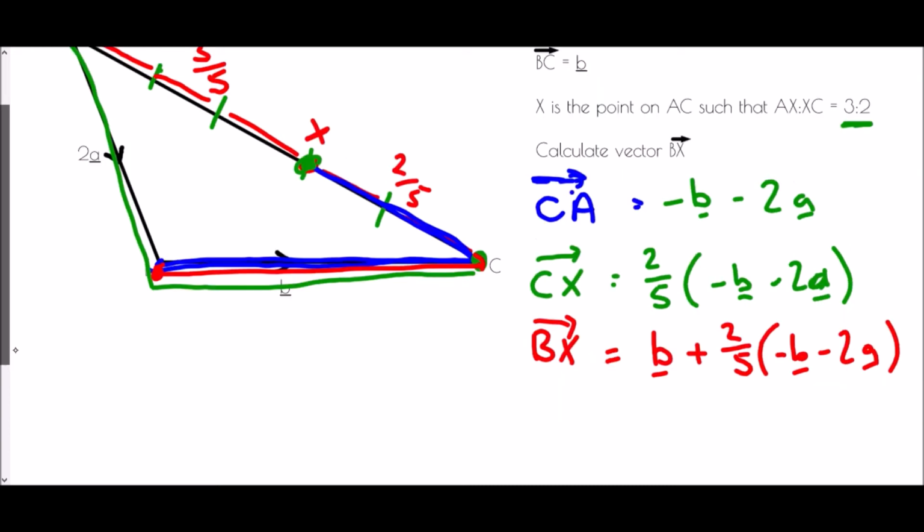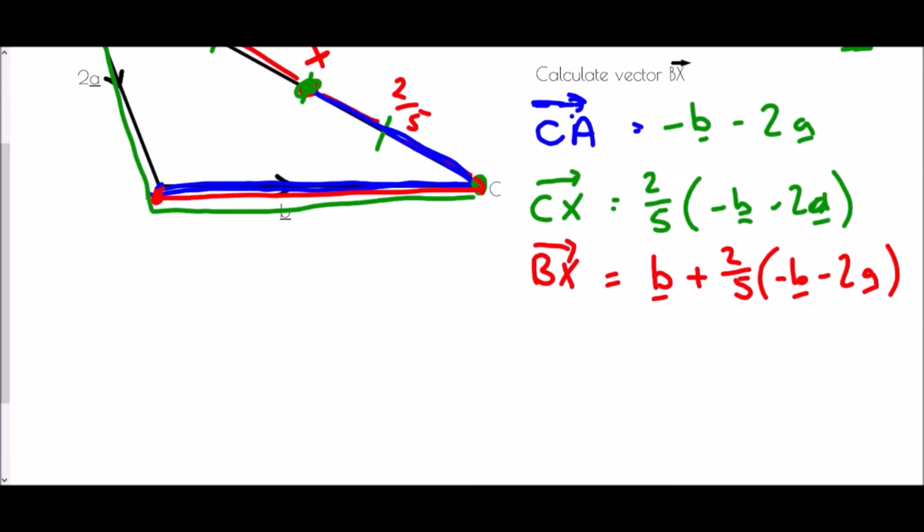And we do want to give this as simply as possible, and therefore b plus 2/5 of negative b, well, that gives me 3/5 of b, and then add 2/5 of negative 2a, well, that is negative 4/5 a.